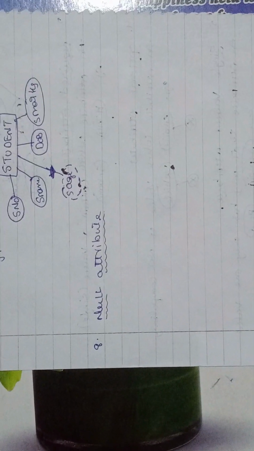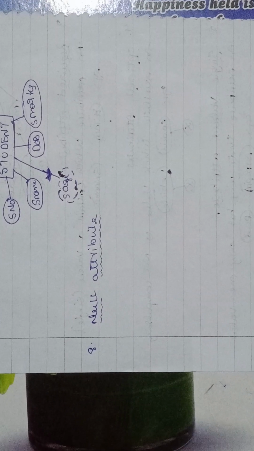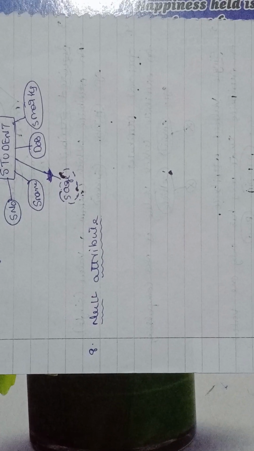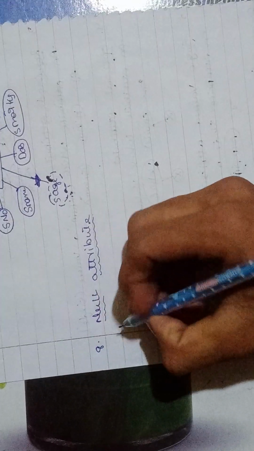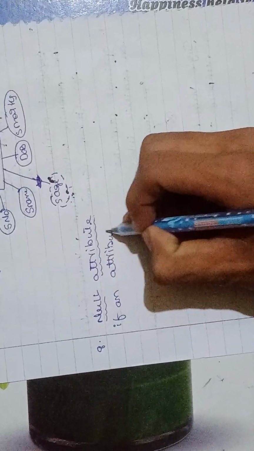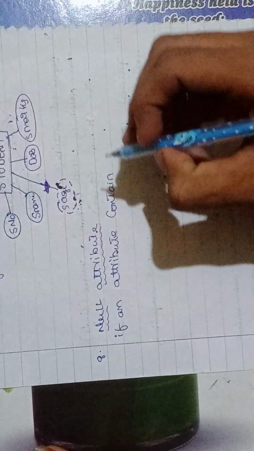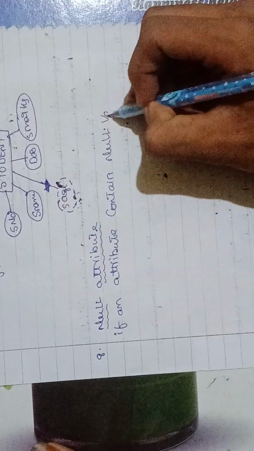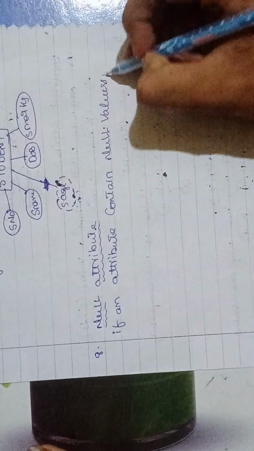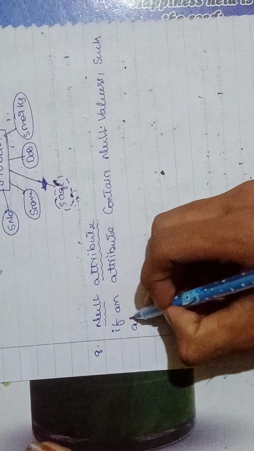Null attribute means if an attribute contains null values, such attributes are called null attributes.